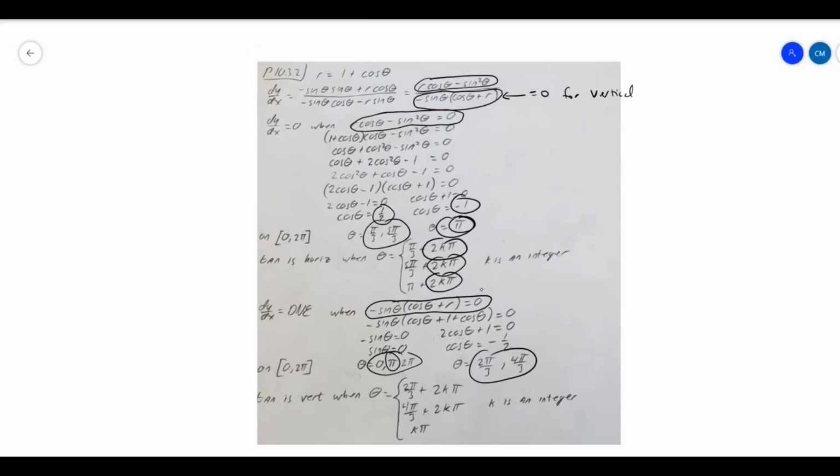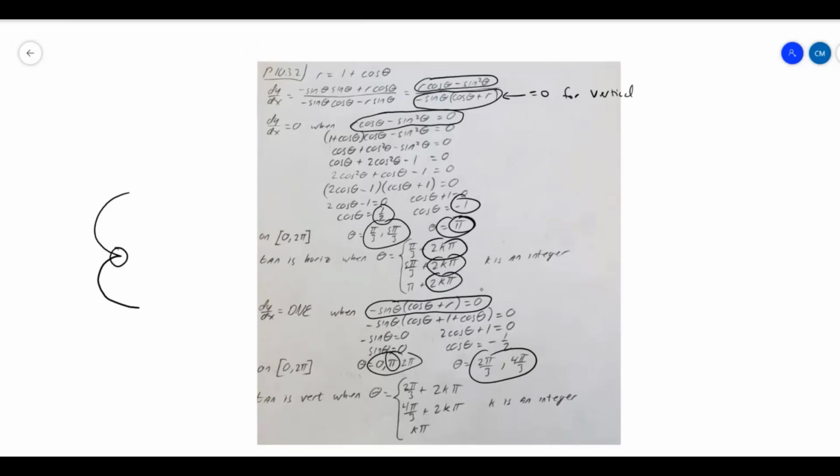In fact, if you were to graph this on the calculator, what you would find is that what happens right there is a sharp point. So that's not a horizontal or a vertical tangent line. So what you have to do on these problems is compare the answers that you get for vertical to the ones that you get for horizontal.